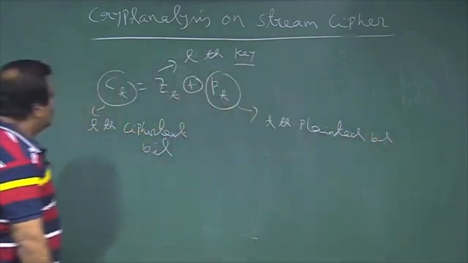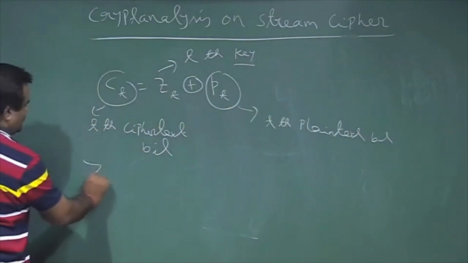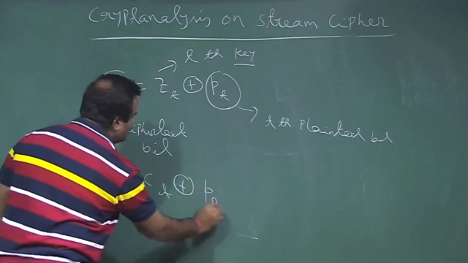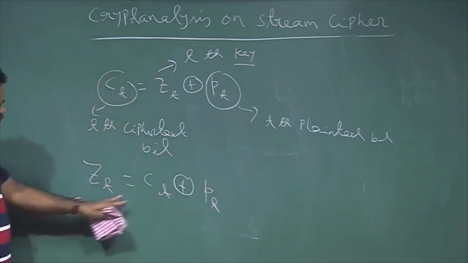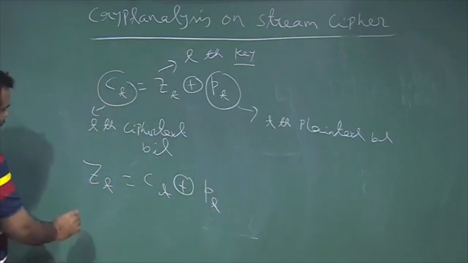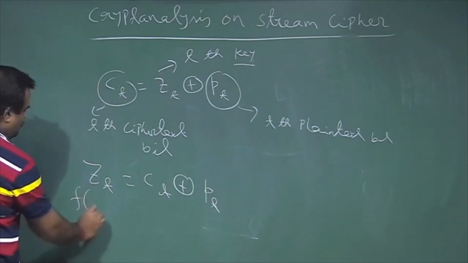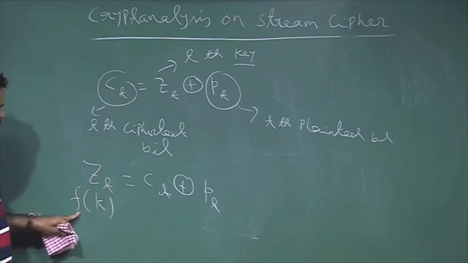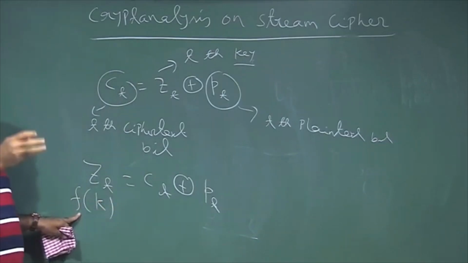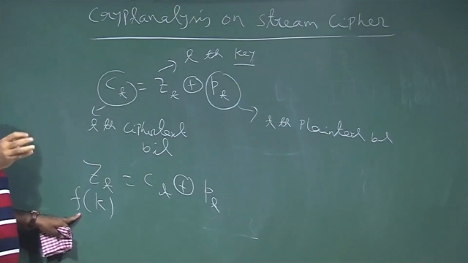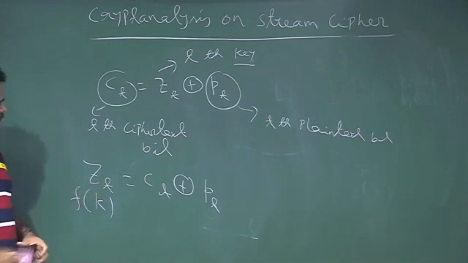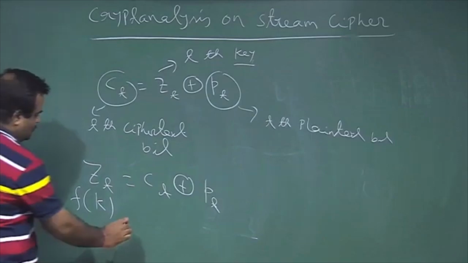So Z_t is basically C_t XOR P_t. Now Z_t is a function of K, where K is the secret key shared between Alice and Bob. That is the initial phase: we load the secret key, and then we run the key stream generator.